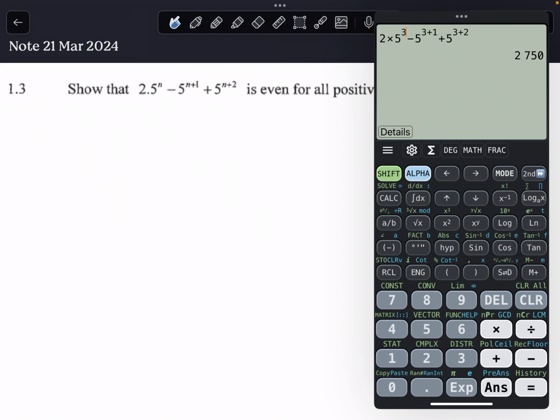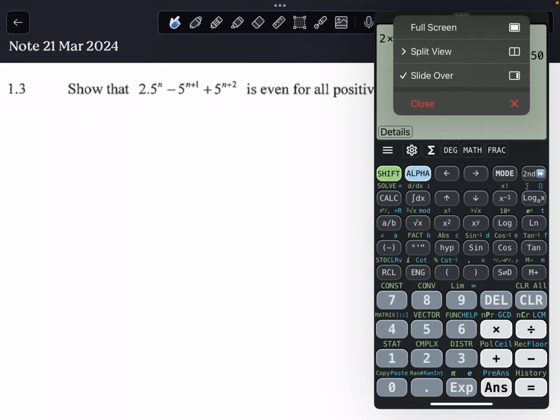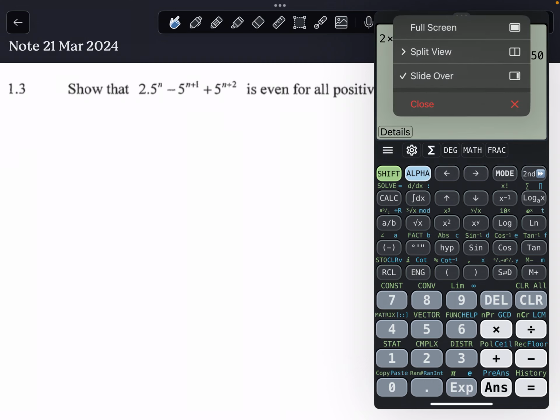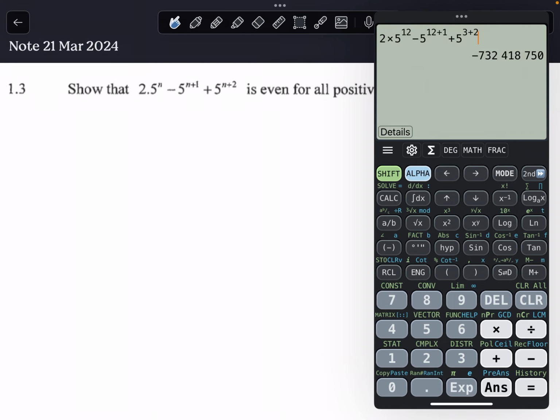Let's say n is equal to 12. So replace all my 3's with 12. Sometimes with technology there are some shortcomings.